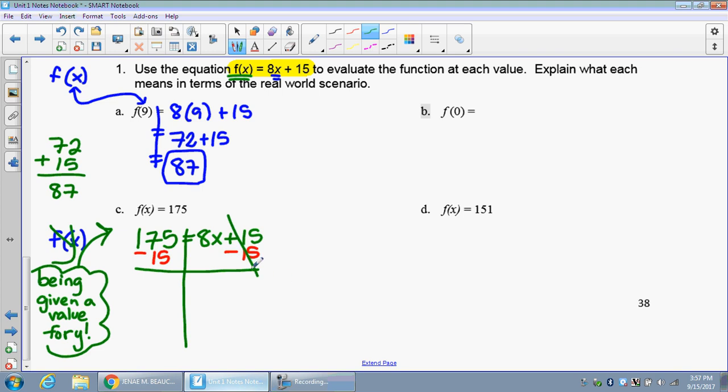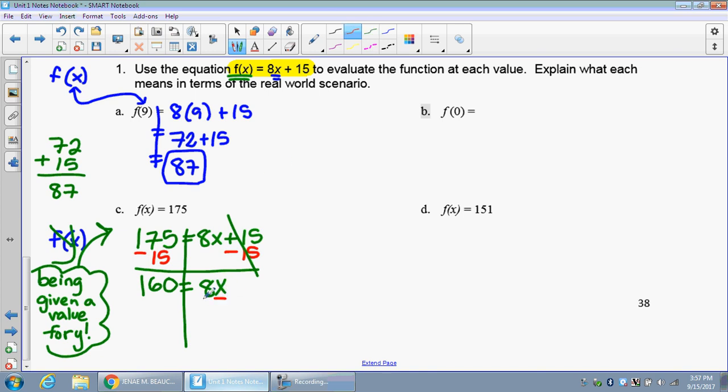Again, if you haven't gotten your calculator yet, we will be doing quite a bit of solving, so it would be good for you to go get it. Or if you're comfortable doing 175 minus 15 without a calculator, that's great too. So I'll pretend like I am doing it without. And I get 5 minus 5 is 0, 7 minus 1 is 6, and then I bring down the 1.